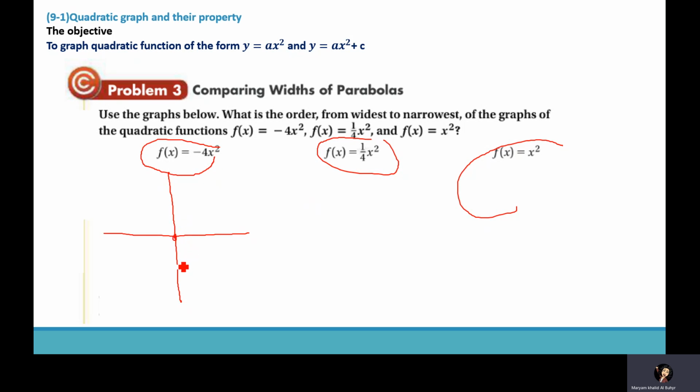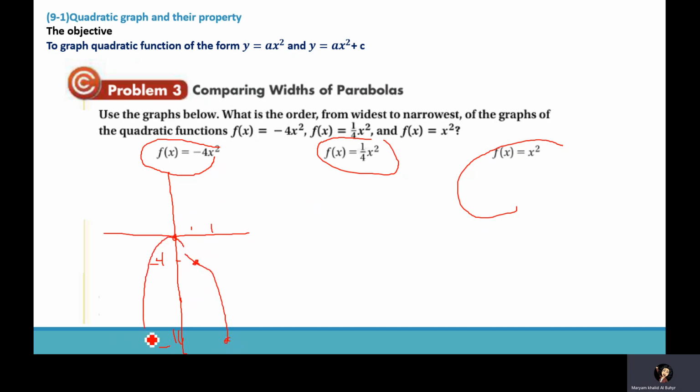Once we substitute 1, it will be 4, so this will be -4. It will be here. This is 1. I'm just approximating. Once we have 2, it will be 16, so somewhere it will be 16 down here. So this is the point on this side.